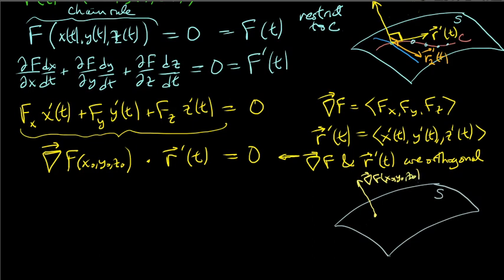And for r prime of t, I also drew that with a yellow vector, but let me draw them both in red. So you have r1 prime of t, and then you might have a different vector, say r2 prime of t. And these two vectors point along some curves on the surface.